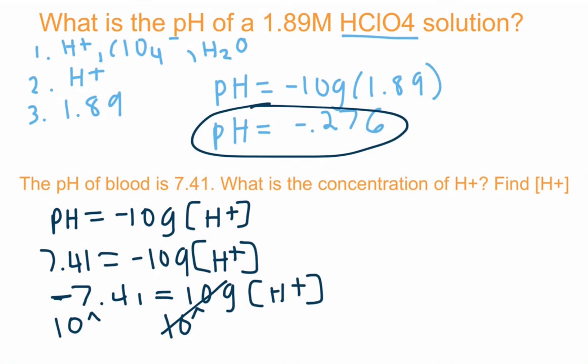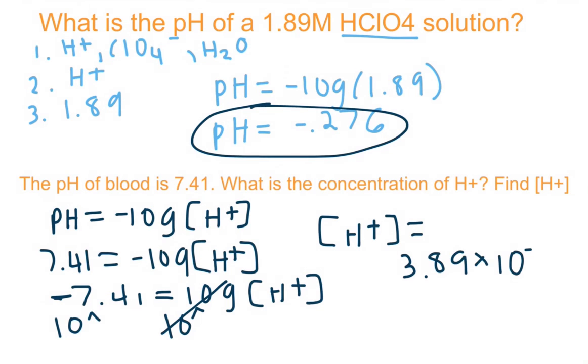That will cancel out, and for this problem we're going to do 10 to the negative 7.41 power, and we get our H+ concentration to be 3.89 times 10 to the negative 8.